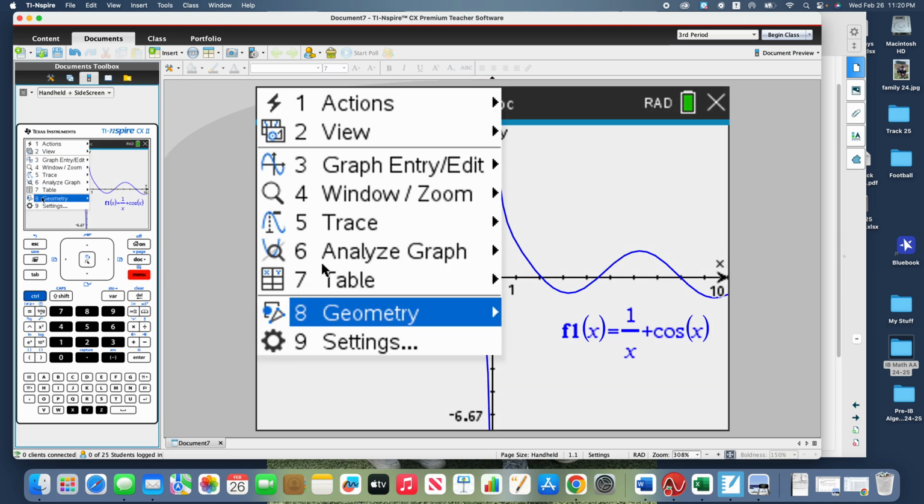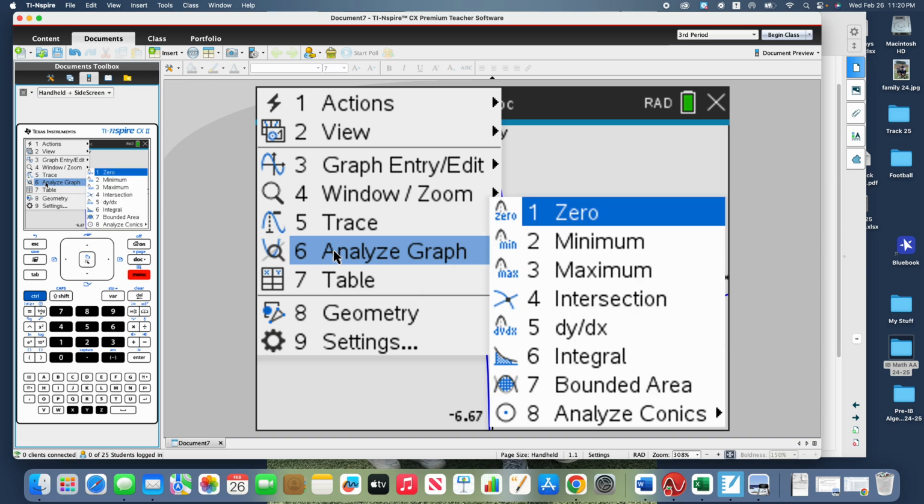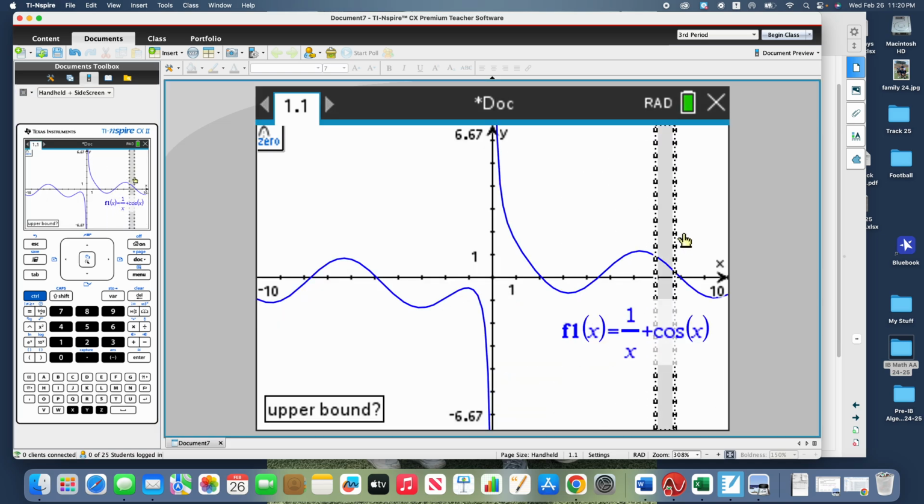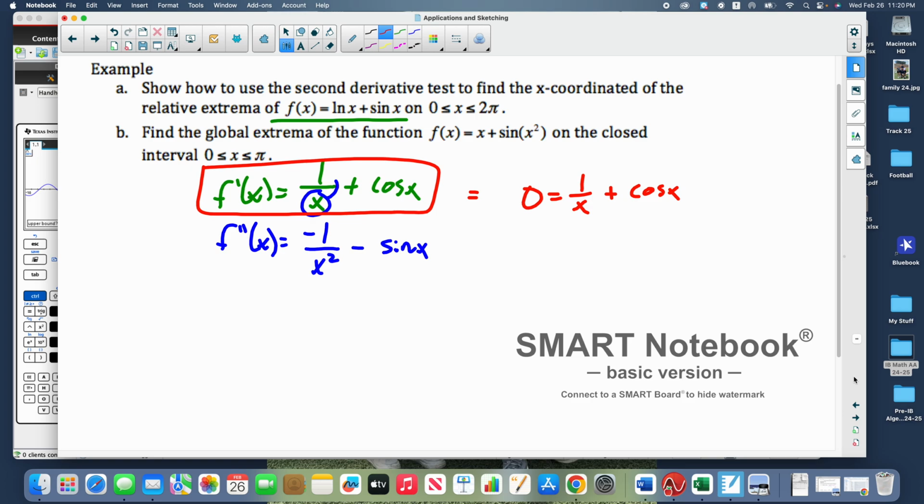I'm going to go menu and analyze graph. And I'm going to go zeros again, but I'm going to start closer over here. And when I do that, I get 7.98, well, the 7.98 is bigger than 6.28, so that's outside of my domain. So the two numbers that I got were 2.07 and 4.49. So if I were to put those on the number line, 2.07 and 4.49.